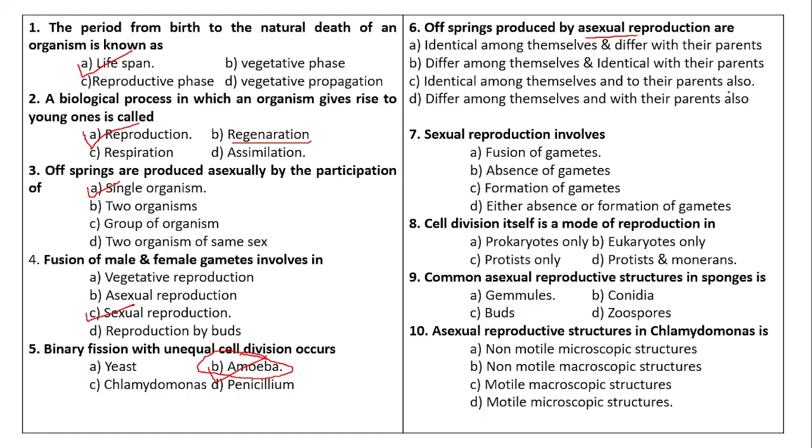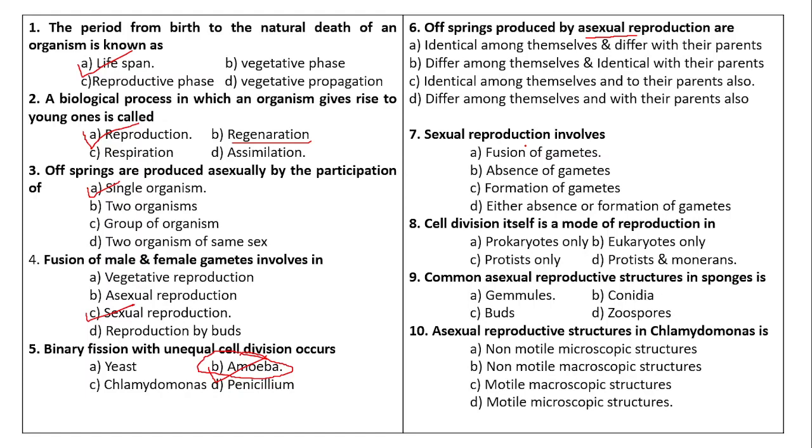Next, coming to the next question: sexual reproduction involves dash. Option A, fusion of gametes, option B, absence of gametes, option C, formation of gametes, option D, either absence or formation of gametes.